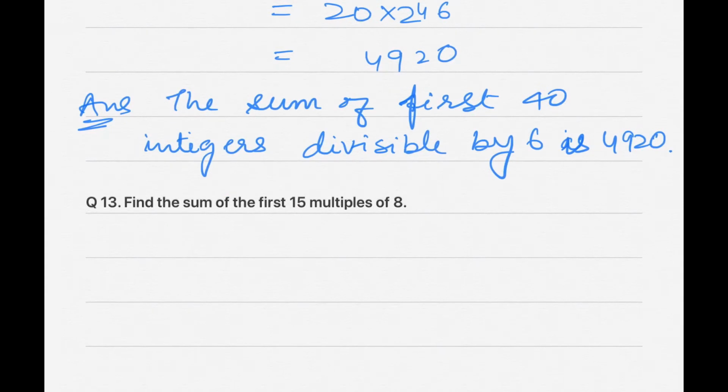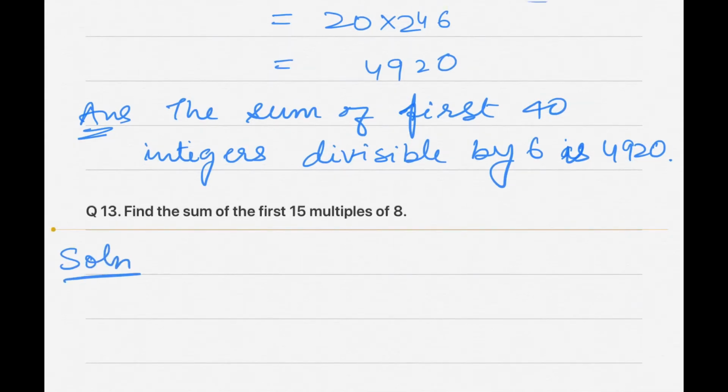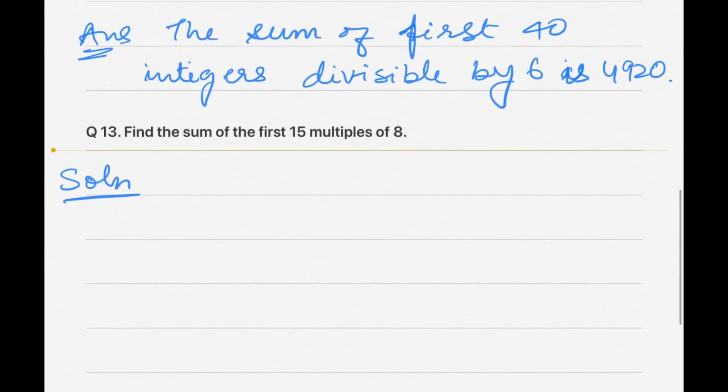It says find the sum of the first 15 multiples of 8. So it's a similar question to the 12th one, right? So I would say S15 I have to find out. Multiples of 8 means my a will be equal to 8, and as we go forward my d will also be 8, because every time 8 will be added to it, right?